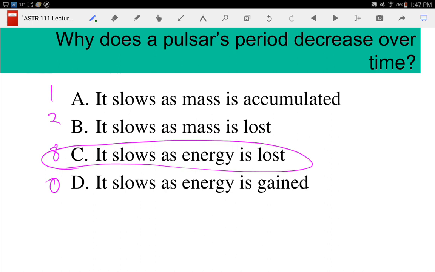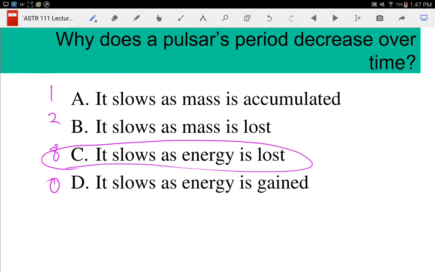And it's rotating really quickly because it went from being many solar radii down to being the size of the city of Lincoln. So it really got smaller. To conserve angular momentum, it has to be rotating extremely quickly, doing as much as hundreds of rotations per second, which is really scary when you think about something rotating that fast, being that big. Because it has such a strong magnetic field, that magnetic field, as it rotates, is going through space like this.